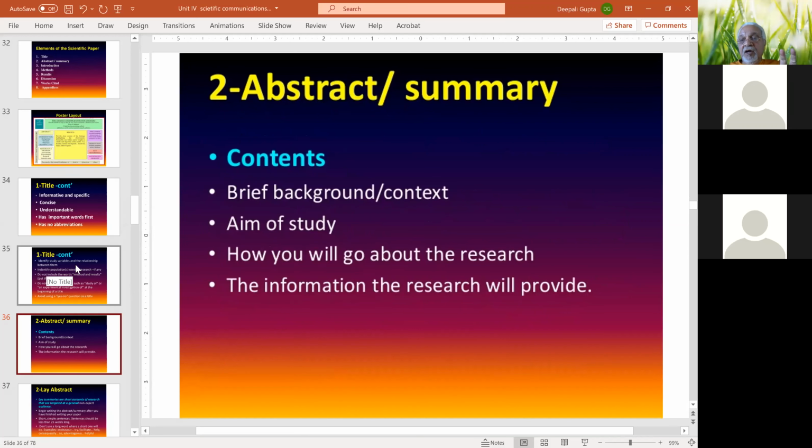Now, how should this abstract be? The abstract should have a brief background of the work, and what is the objective of the work, and how one has gone about doing that work, and what kind of new information this research is going to provide.